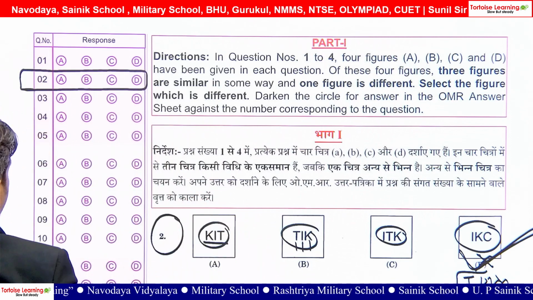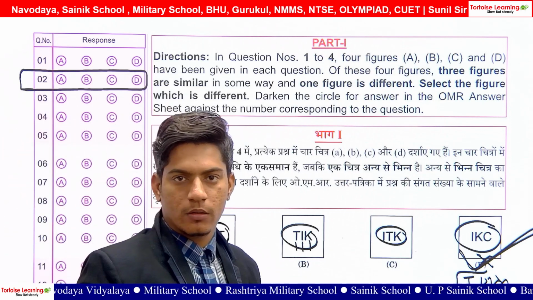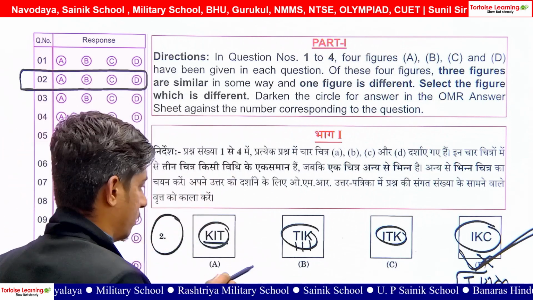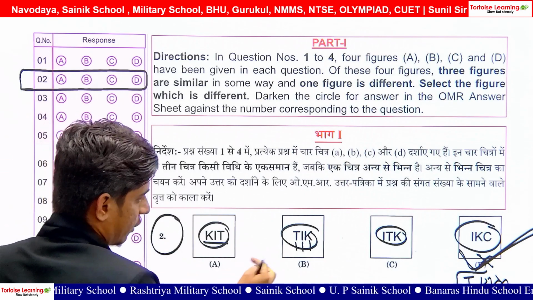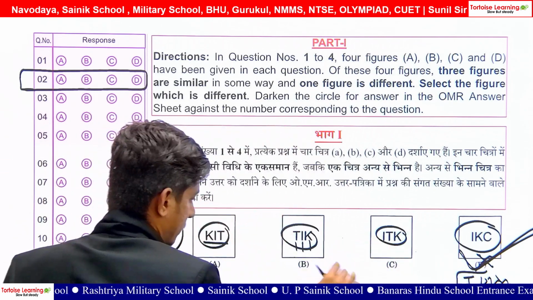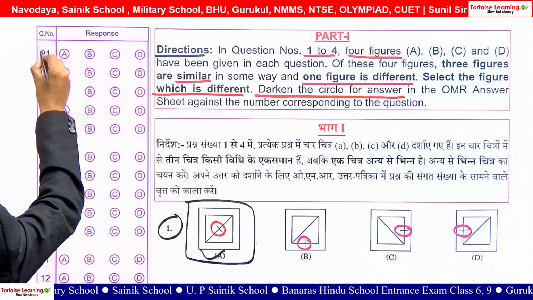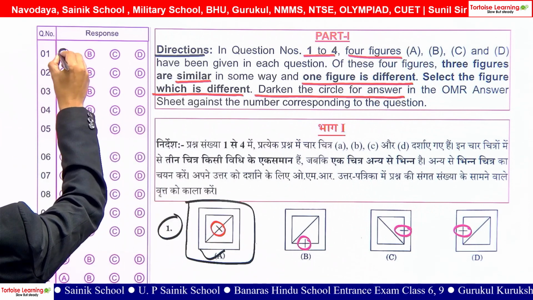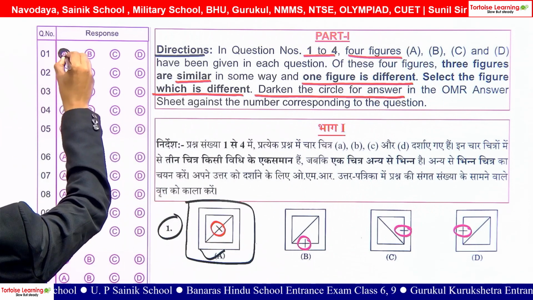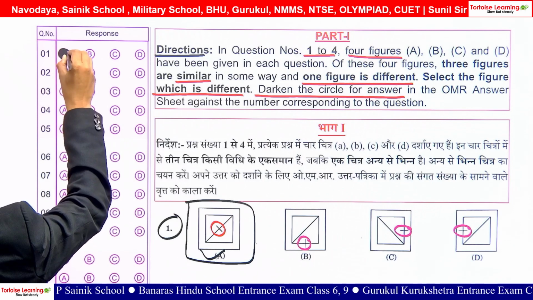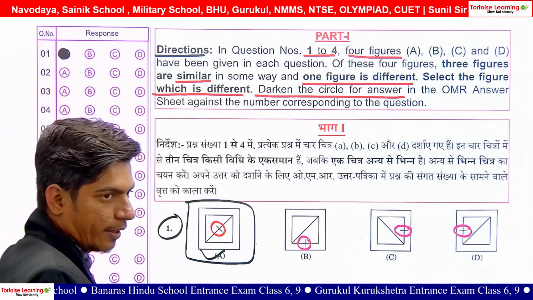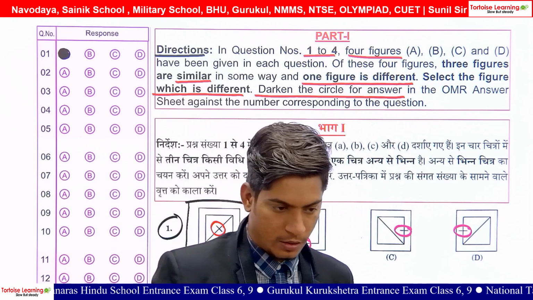Don't fill anything in this. Okay. Don't make this type of mistake. Now for the second question, the option is D, correct. I am skipping. But if I look at the first, the option is A. For the first I will make the outer circle and then I will fill. Okay, this is the fastest way according to me.